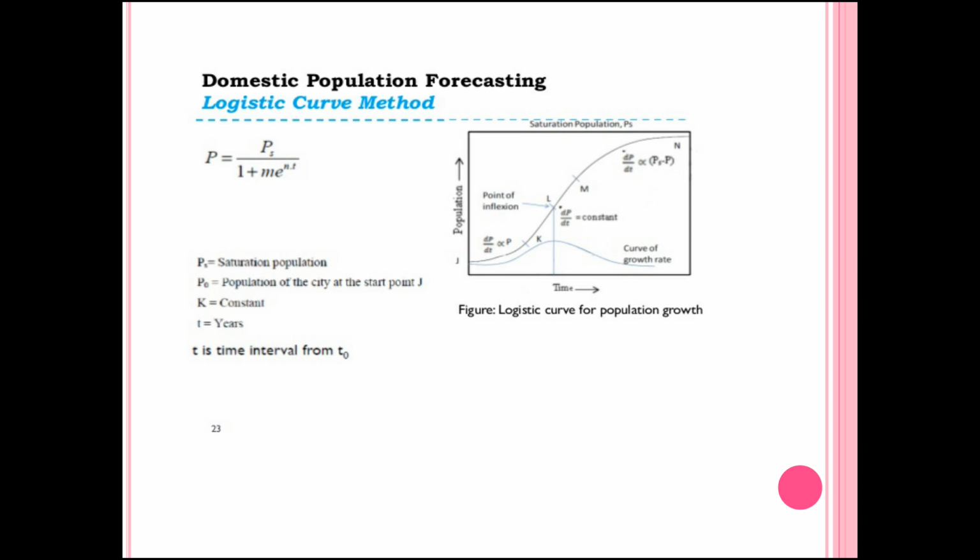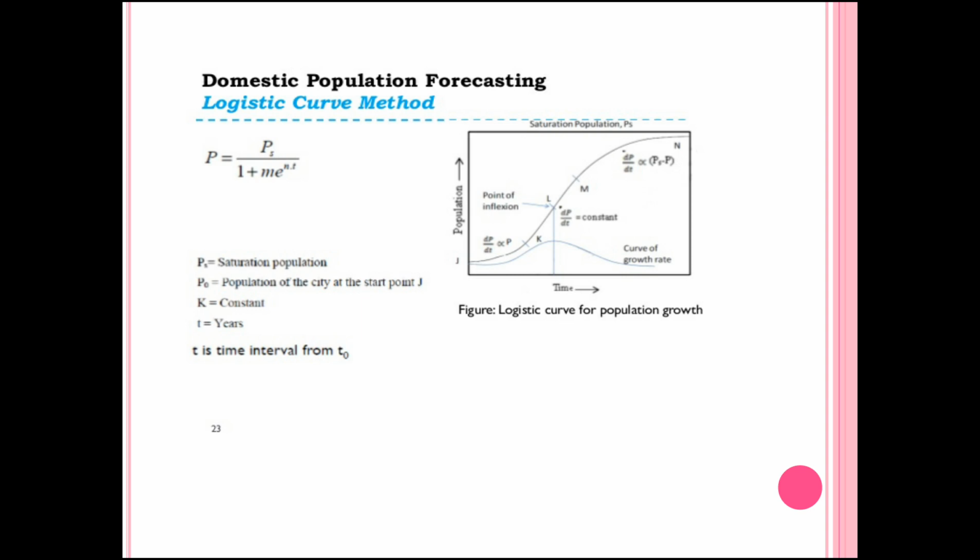In general, first of all is the logistic curve. This is the logistic curve we can see on this screen. P is equal to Ps upon 1 plus m e raised to n t, where Ps is the saturation population. In this graph, the x axis is the time and the y axis is the population.